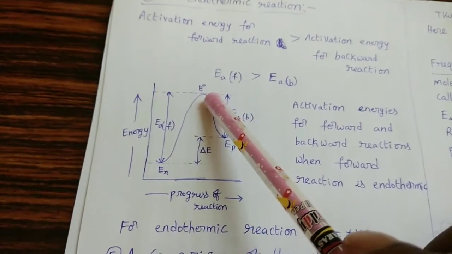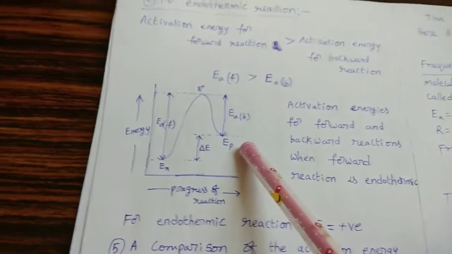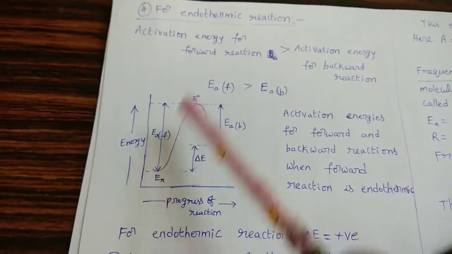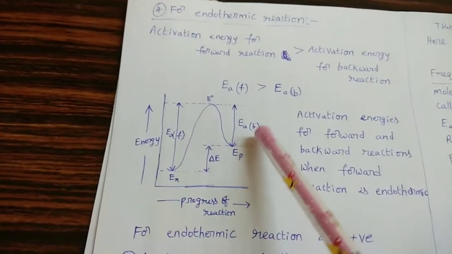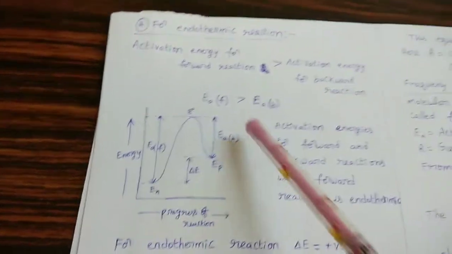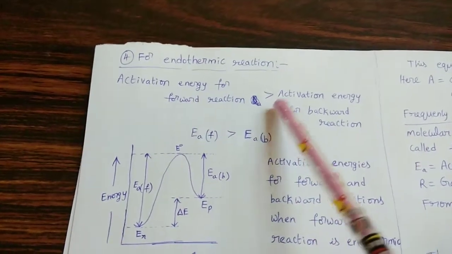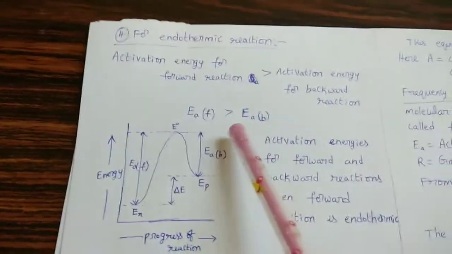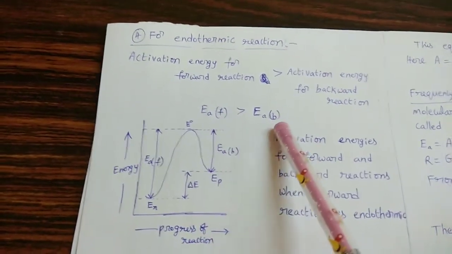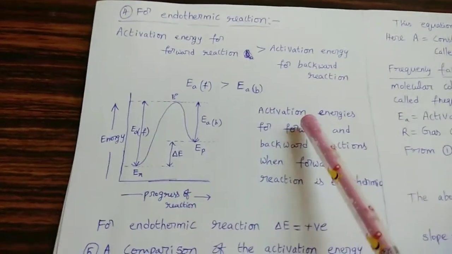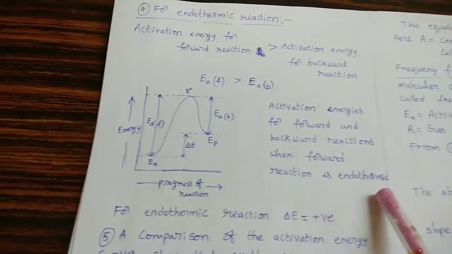This activated complex releases some energy and forms products. The energy gap between reactants and activated complex is more, that means activation energy of forward reaction is greater than activation energy of backward reaction. So we can represent EAF greater than EAB. So this graph represents activation energies for forward and backward reactions when forward reaction is endothermic.